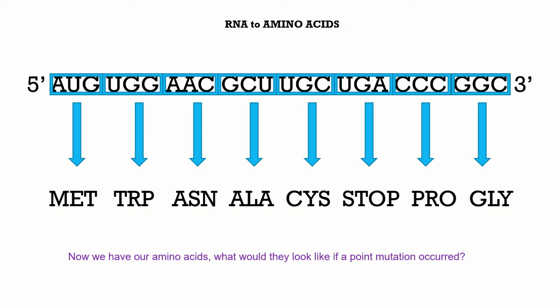And then after we have our RNA, we can divvy it up and find out which codons we have and which amino acids those codons actually code for. And after we have the codons, we can use this example to find out what a point mutation is, and we can find out if point mutations occurred in our example.